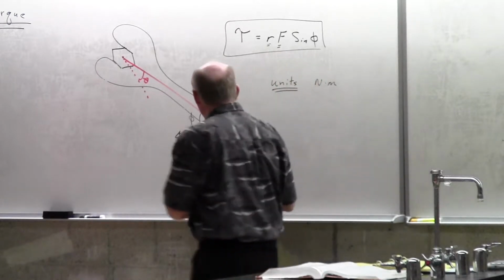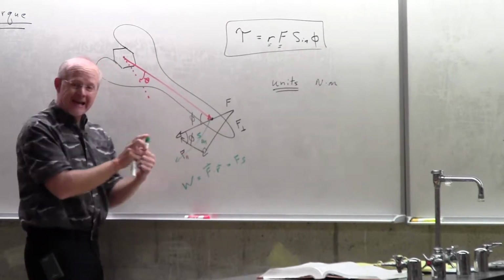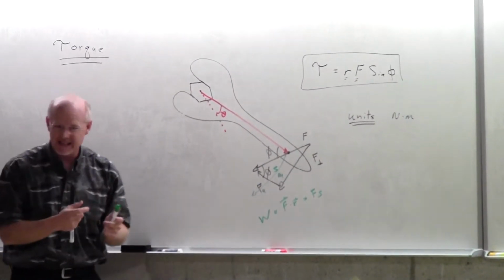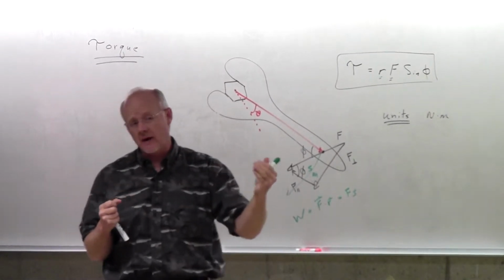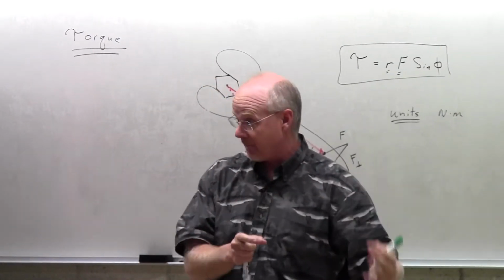But do you see how this distance of the arc that it moves in the direction of the force is different than this distance, the lever arm? These are different distances. These are different quantities. One is how much work is done on that bolt when you turn it. The other one is how much torque you have applied to that bolt.